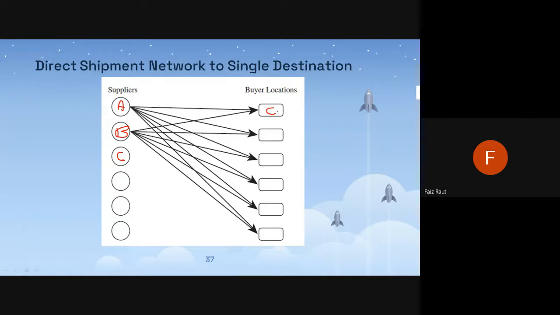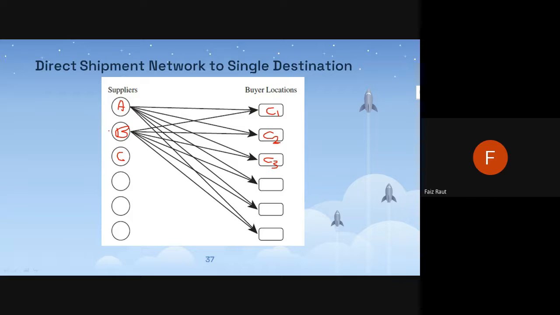From here my truck or my train will go directly to him, and it will come back. Simple. From A, I want to deliver to customer C2, then my truck will come here and go back. From A to customer 3, my truck will come here and go back. Simple. Same way for B.